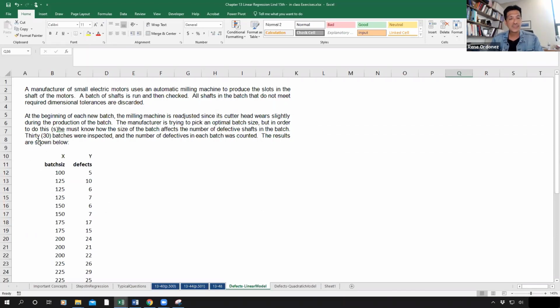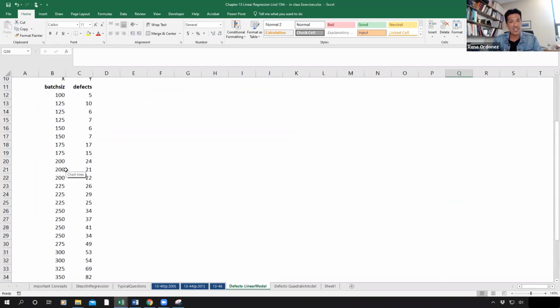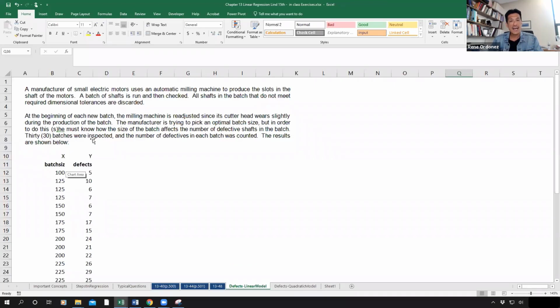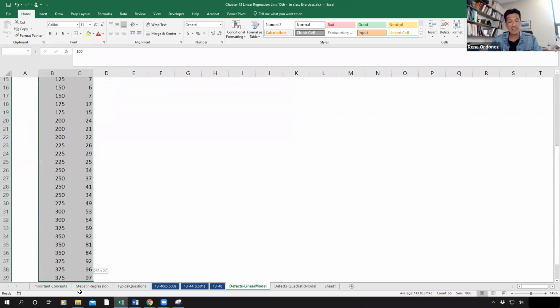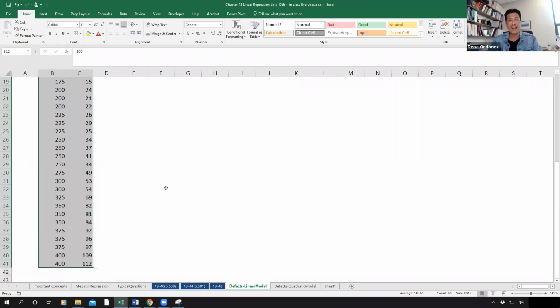Okay? 30 batches were inspected, so you have the 30 observations here. And the number of defectives in each batch was counted. So if they produce a batch size of 100 units, they observe 5 defective items. They produce another batch of 125 items, they observe 10. So these are the sample XY pairs of observations.